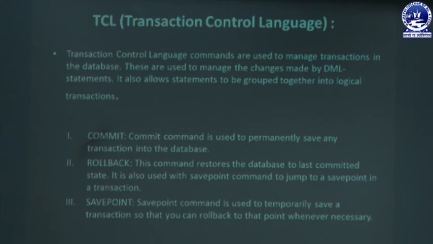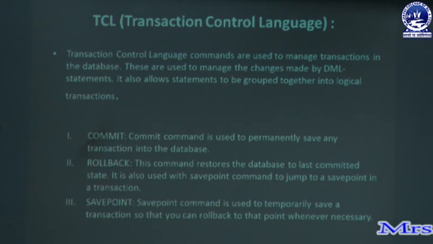With the commit command, those changes made by using data manipulation language are stored permanently in the database when we execute the commit command. That means the commit command is used to permanently save any transaction in the database. The next command is rollback. This command restores the data to the last committed state.